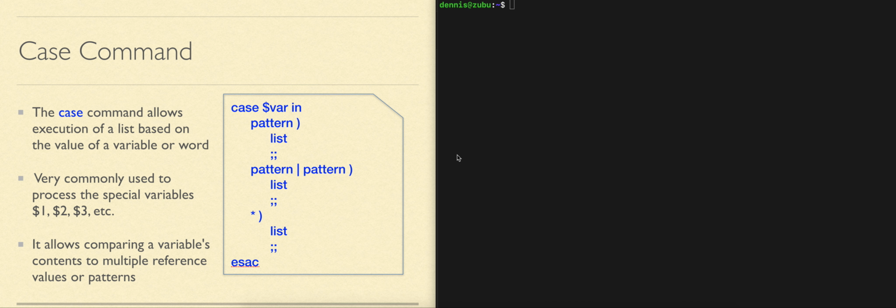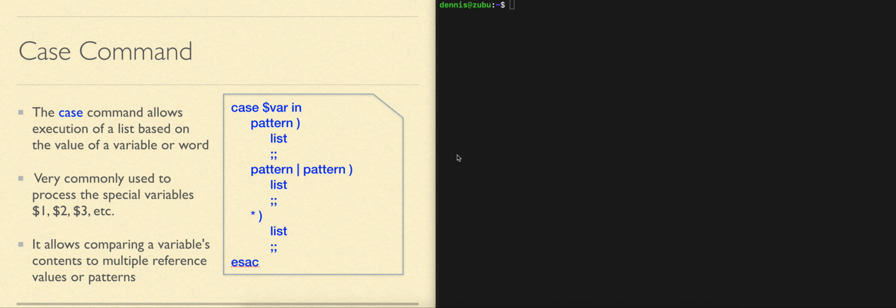You want to test the value contained in a variable or produced by a command against a list of known values and then take action based on which value it had, the case command is a good choice. With the case command, we specify case, then the thing we wish to test, usually the content of a variable, but it could be a command to execute that produces a string.